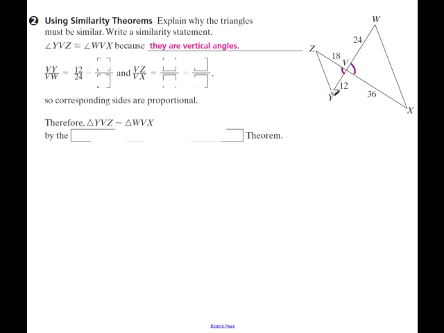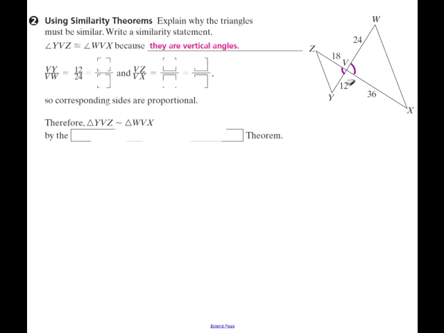Now you might say, well, why don't they compare this one to this one and then the top two? Well, we could do that, but if you look, we've got 12 is smaller than 18, and 24 is smaller than 36. So if we're going to compare the two sides, we better compare the smaller one here with the smaller one here, and then the larger one here with the larger one here.